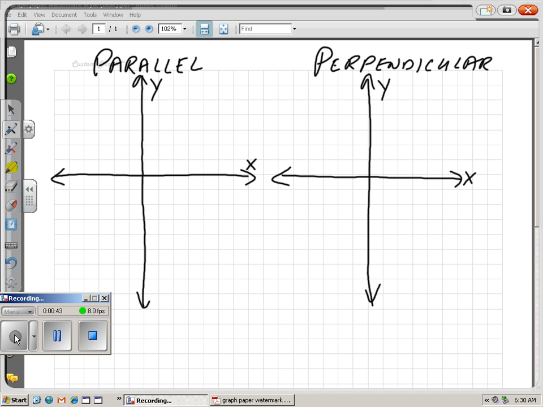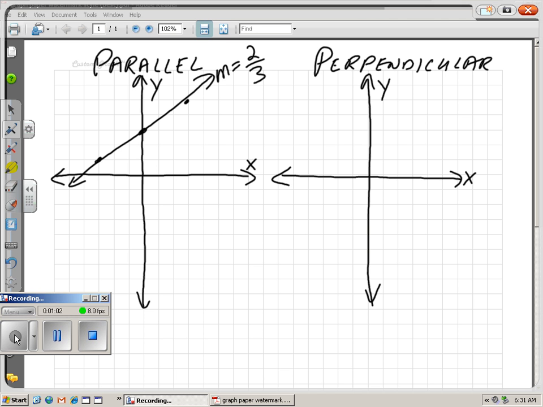And let's look at their slopes. Now, we talked about parallel a while ago. Let's say that I have a line. I'm going to put a dot there. And let's say it goes up 2 over 3, and up 2 over 3. So my line has a slope of 2/3.